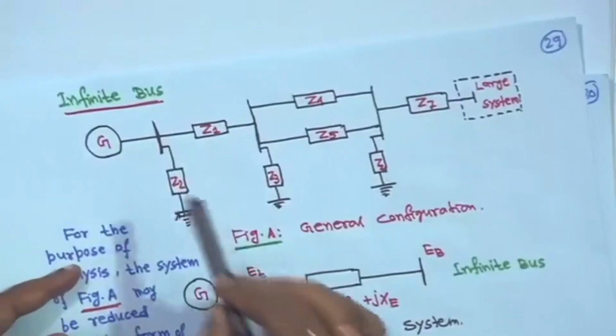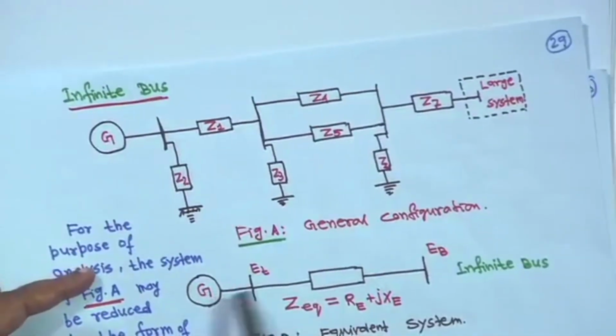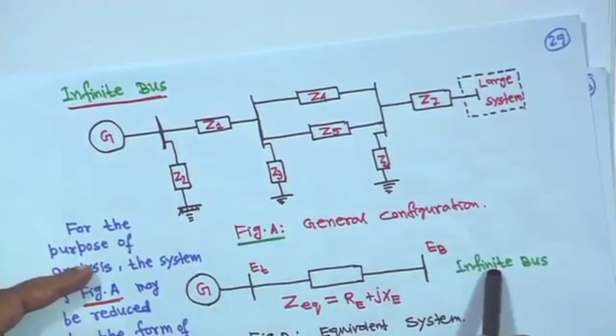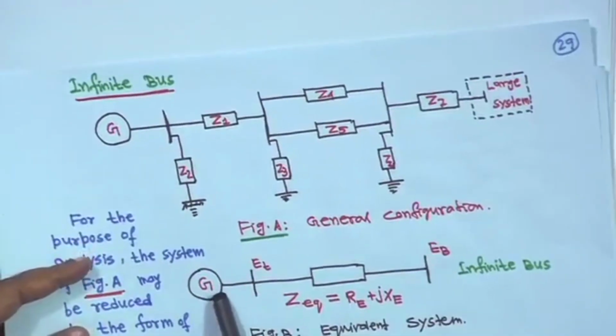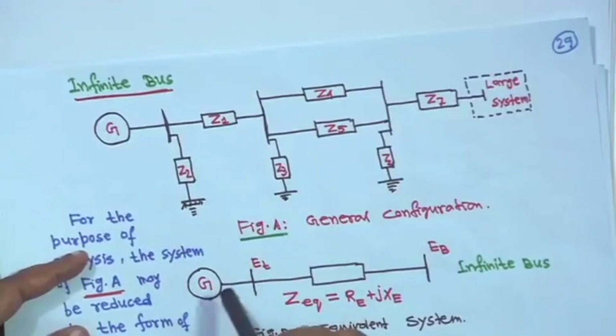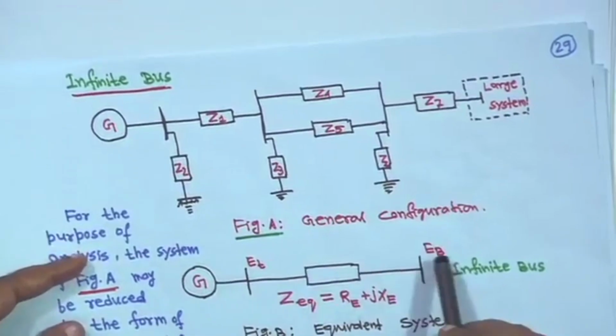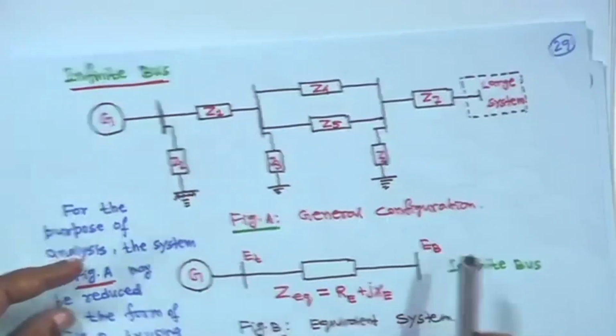And next is the dynamics of this system compared to this one. This is a very large system, compared to this, which is small. If any dynamic change is associated with the machine, it will never affect this voltage magnitude and its frequency.